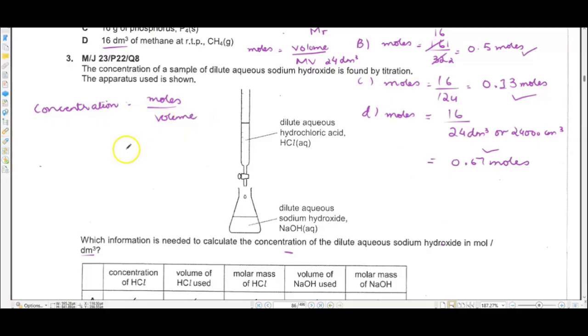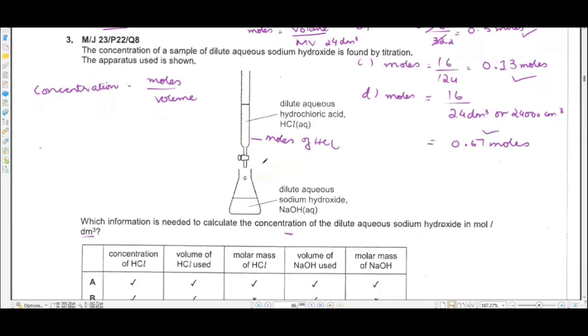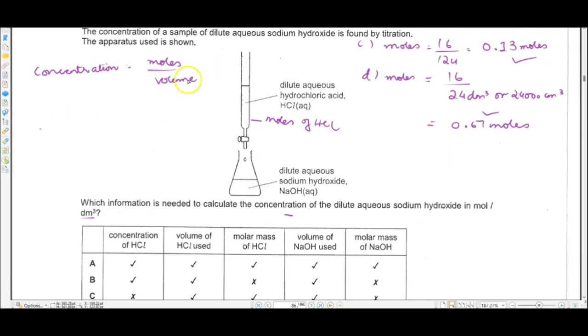So if you have moles of HCl, you can also find the moles for NaOH. Okay. If you have a concentration and volume of HCl, you can find the moles as well. Okay.